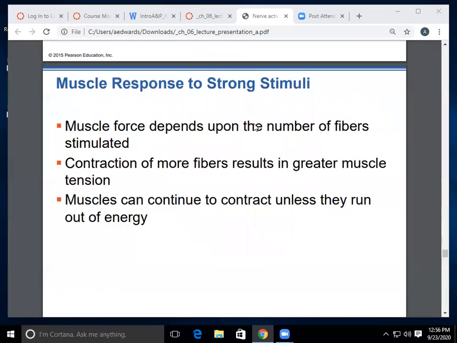What I really want you to be able to do is, if I were to give you a question, identify which one. If I told you you get increased stimulus but you have some relaxation, you'd be able to tell me that's incomplete tetanus.